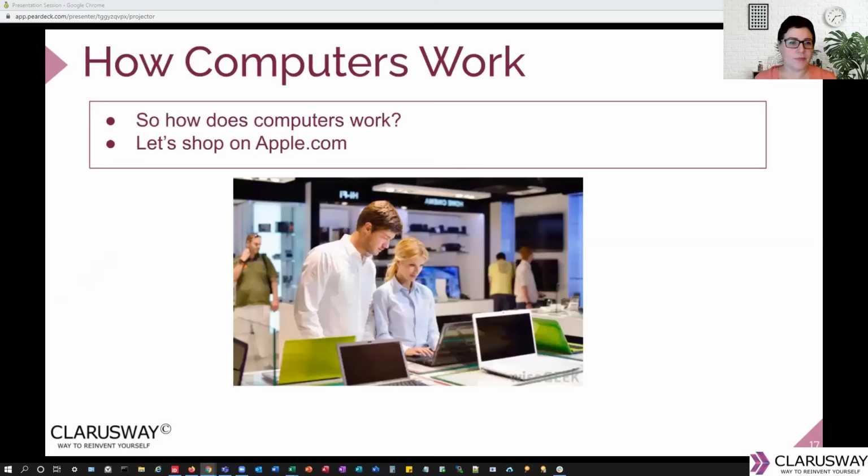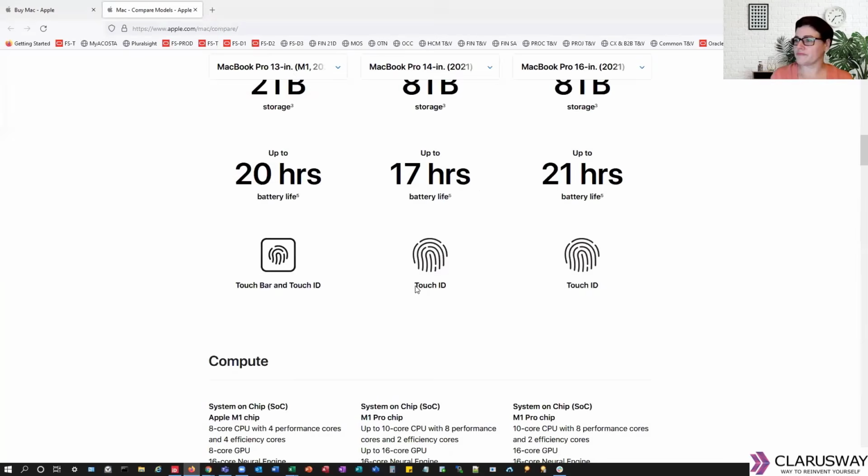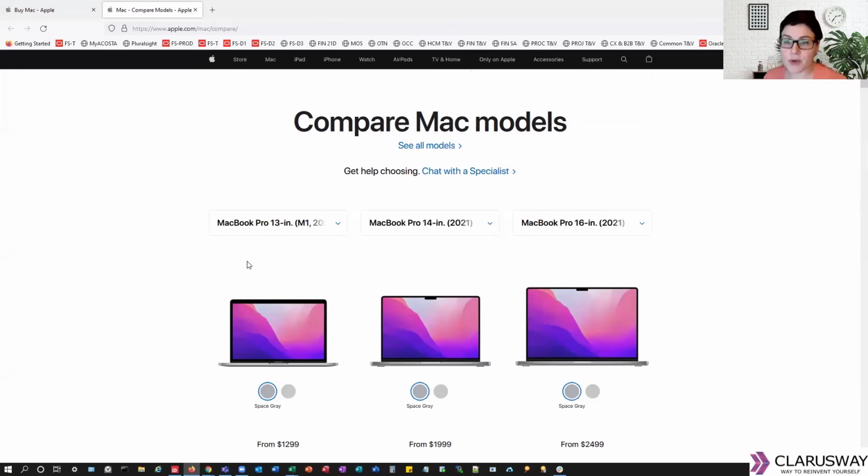All right, how computers work. Let's go shopping. We're going to talk about some of the components of computers. I have brought up some Apple laptops, MacBooks, and I want to talk about the concepts that are common with computer components when you're shopping.